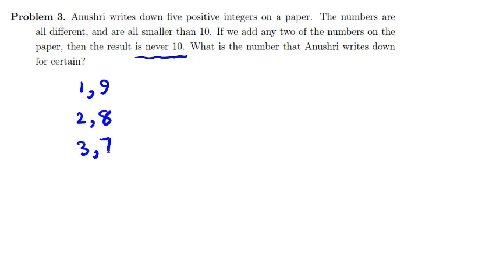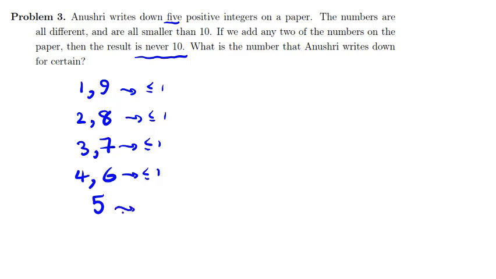2 and 8, 3 and 7, 4 and 6, and 5. You can select at most one number from each pair. So you can select from 1 to 9 except 5, at most 4 numbers, but you select 5 numbers. So all of them, if you add, it will be at most 5.